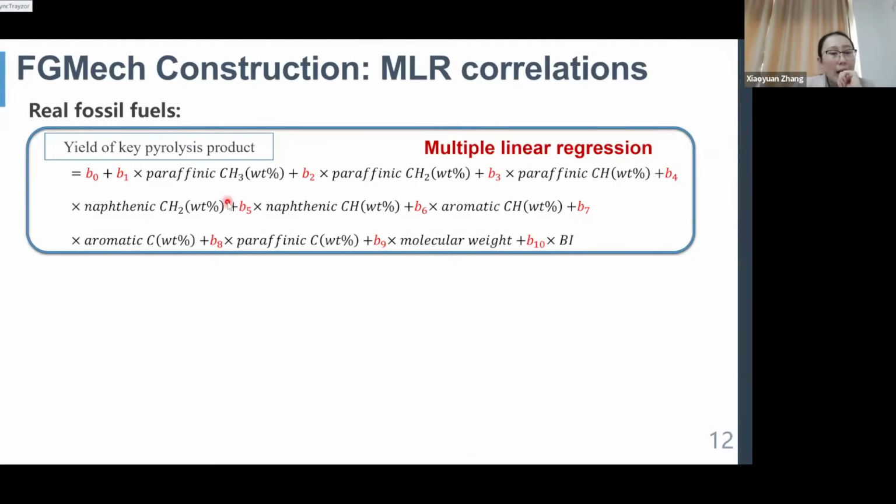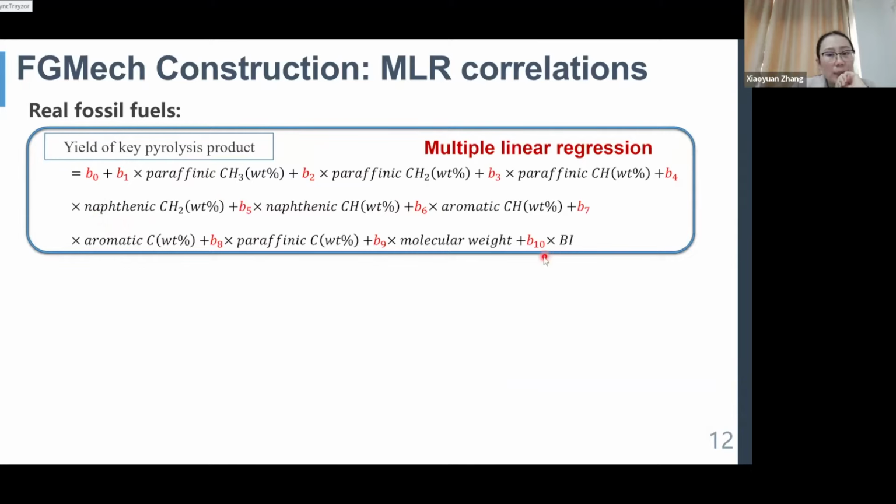Well, with the reliable key pyrolysis products for pure fuels, and since we know the functional groups present in the pure fuels, we can adopt multiple linear regression to derive the coefficients B0 to B10.